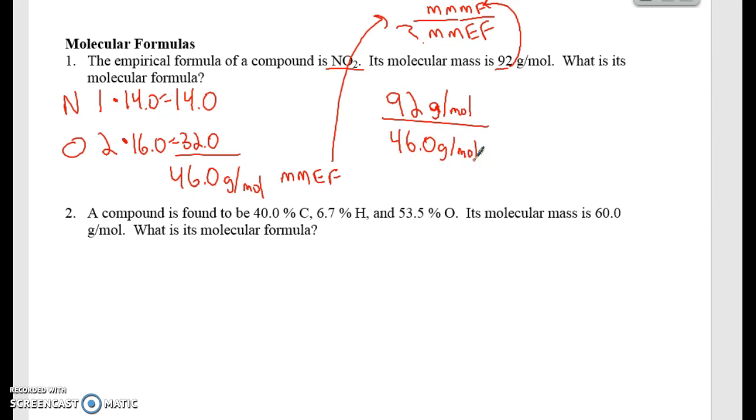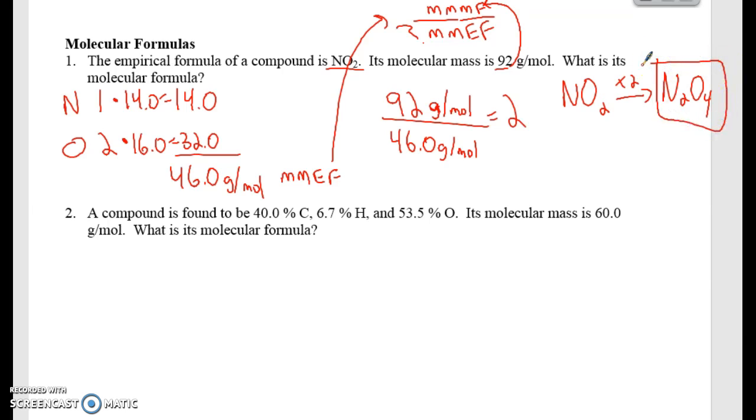So you do a division here, and it gives you a nice whole number of 2. That means the molecular formula is 2 times bigger than the empirical formula. So if the empirical formula is NO2, you multiply that by 2 to give you the molecular formula. You get N2O4. And that is the molecular formula.